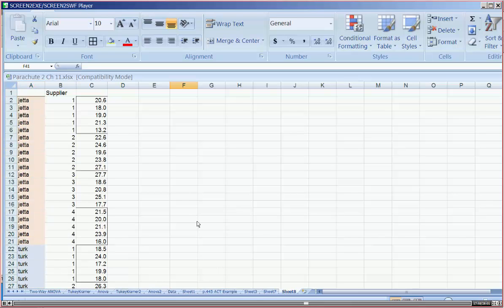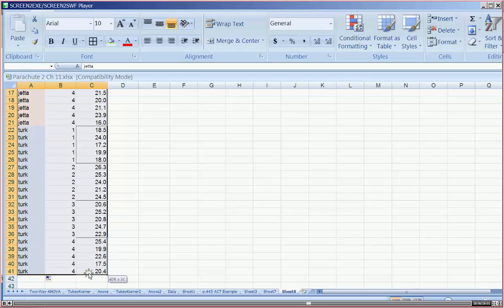These data are now ready to be put into SPSS. That's how cumbersome it may become.